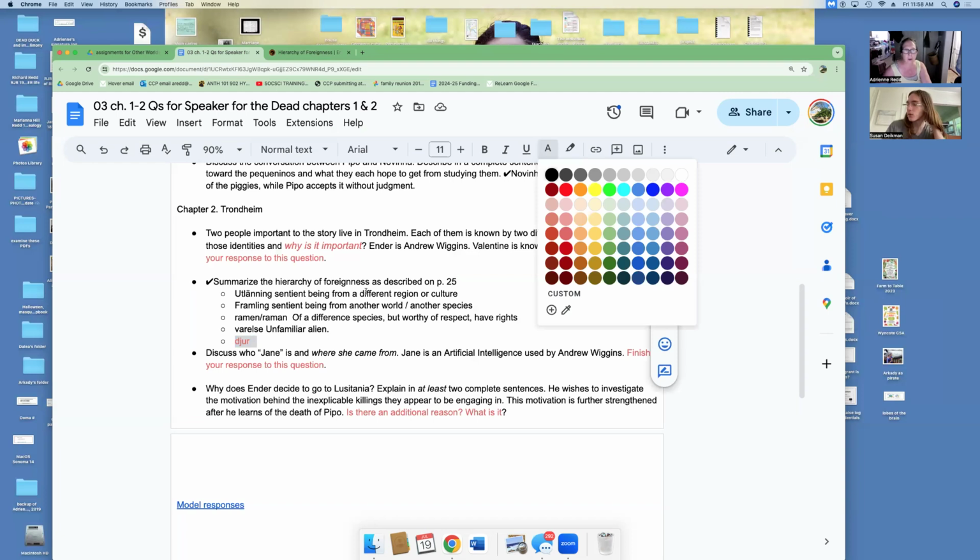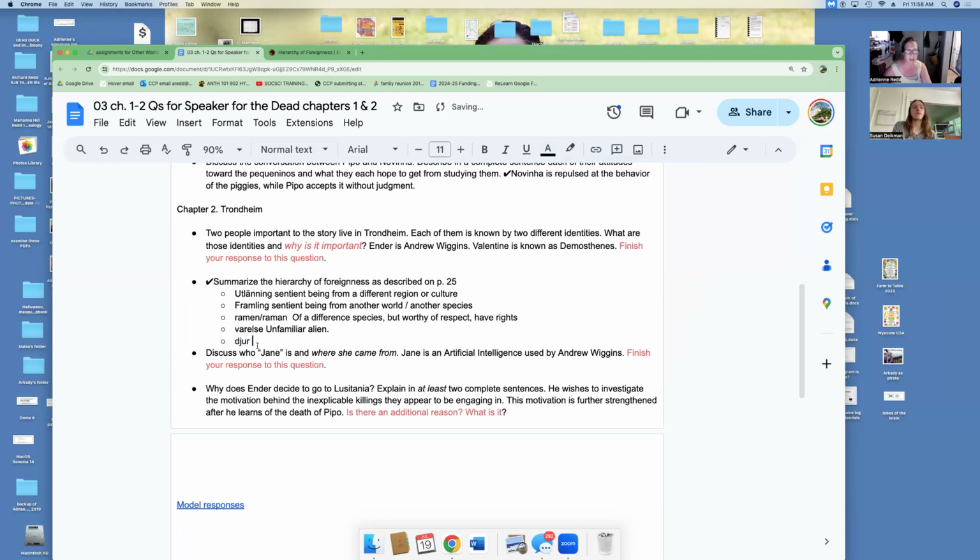And the reason that's relevant to our thinking is because there's this moment when the piggies have first killed Rooter and then killed Pipo, in a way that seems horrific. Cut them into pieces. Right. Methodically cut them apart. And you're going to find out at the end of the book, and it's a tiny bit of a spoiler, that this was an act of exquisite respect. I already figured that out.